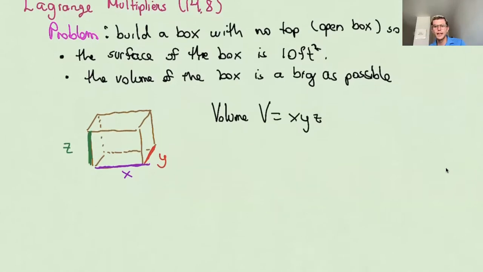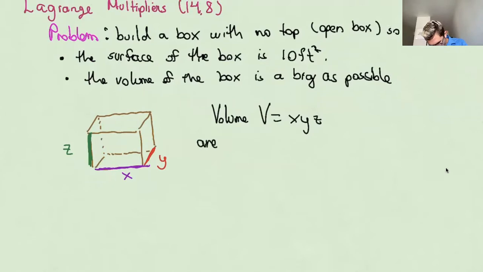And what's the area of the box? Again, the useful thing is the area is the amount of material that you actually use to build the box. So it is just the sum of the areas of each side of the box, right? Exactly. So the area of the box is xy plus 2xz plus 2yz.